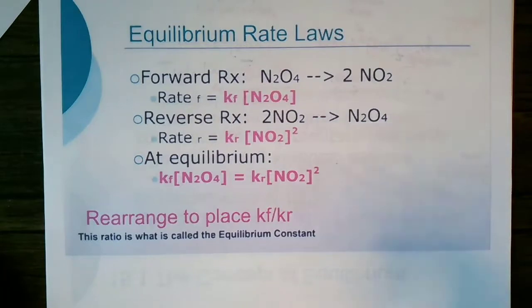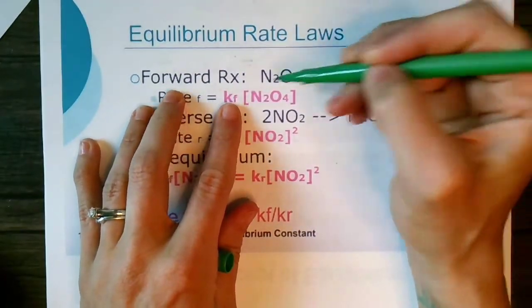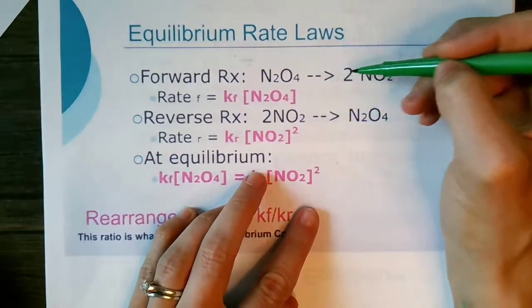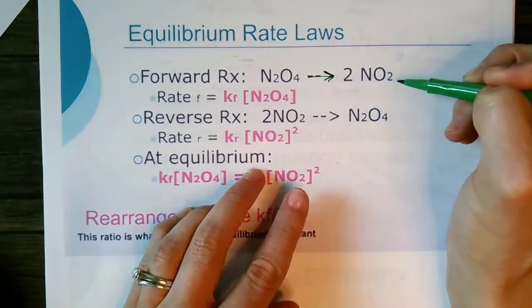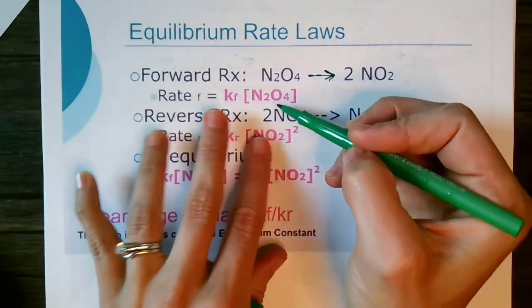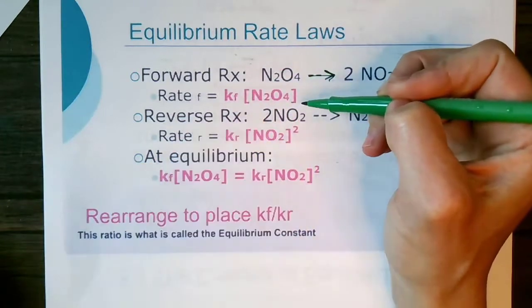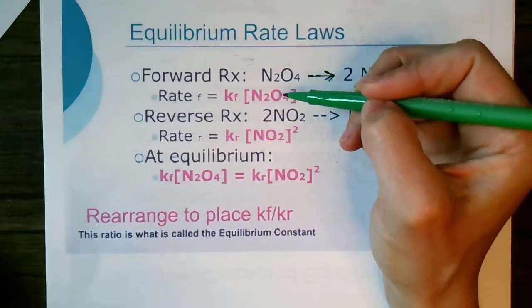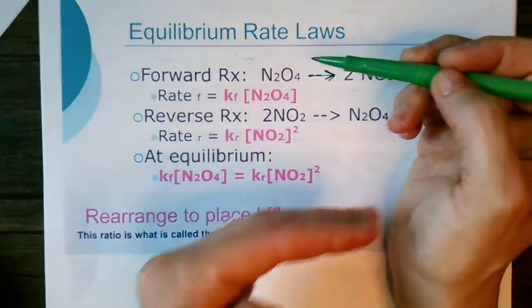Essentially, what we did to find the equilibrium rate law, we looked at the forward reaction when we have dinitrogen tetroxide, the forward reaction creating 2 moles of NO2. So the rate for the forward reaction, Kf, was equal to that concentration of N2O4. So we are getting rid of N2O4 in the forward direction.